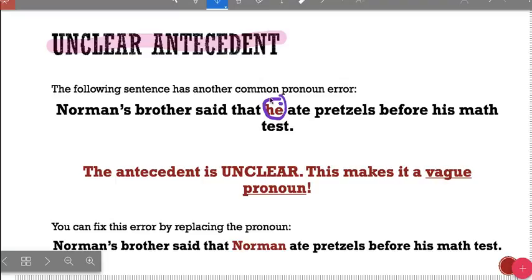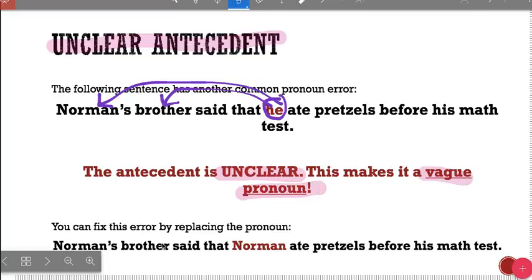It could be Norman ate pretzels before his math test. But it could also be that Norman's brother ate pretzels before his math test. So we can't tell who he is. That makes this antecedent unclear. It could be Norman or it could be his brother. We can't tell who he is. So that makes it a vague pronoun.